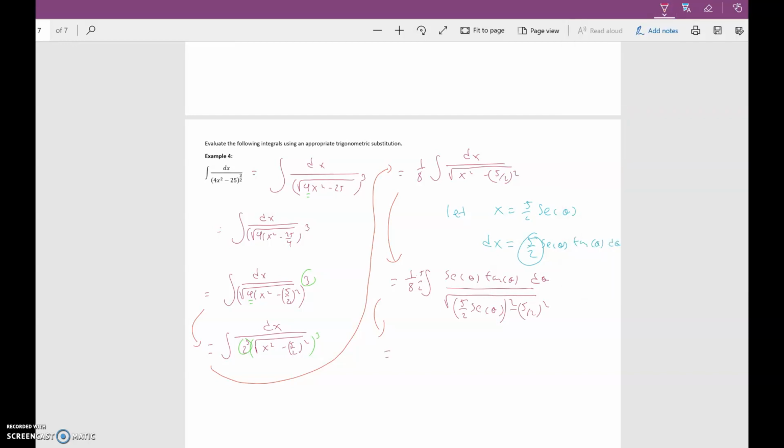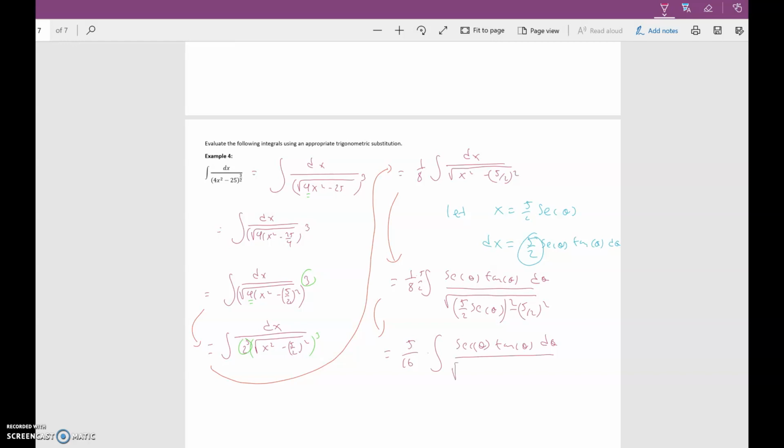Okay, so we're looking at 5 over 16 times the integral of secant of theta, tangent of theta, d theta, and at the bottom, I'm going to extract the 25 halves.